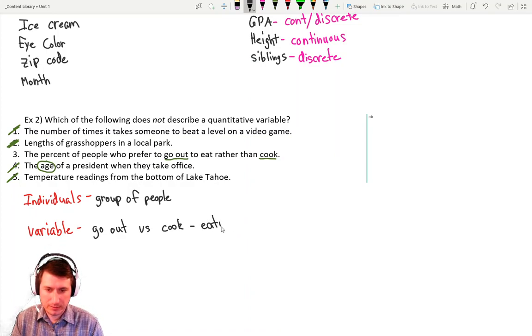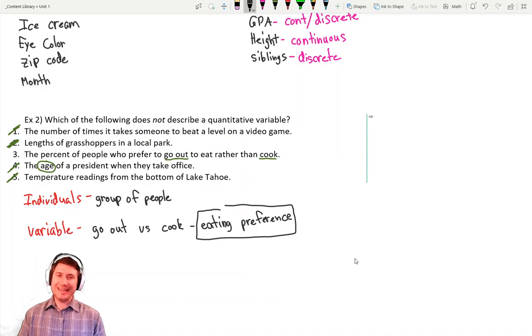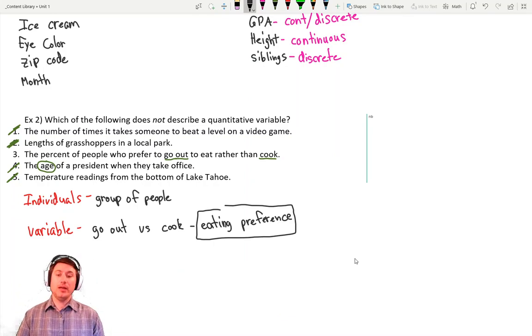We are asking them their eating preference. And their eating preference is definitely a categorical variable. I'll go up to them and say, hey, would you rather eat out or would you rather cook at home? And they would tell me, oh, I'd rather cook at home. That's not a number.